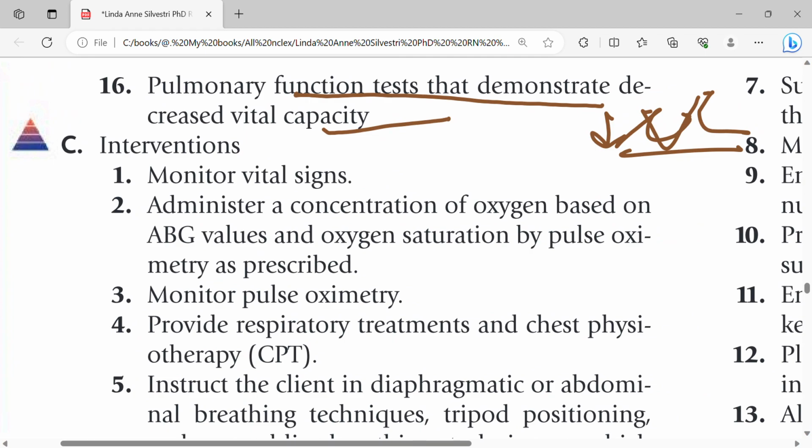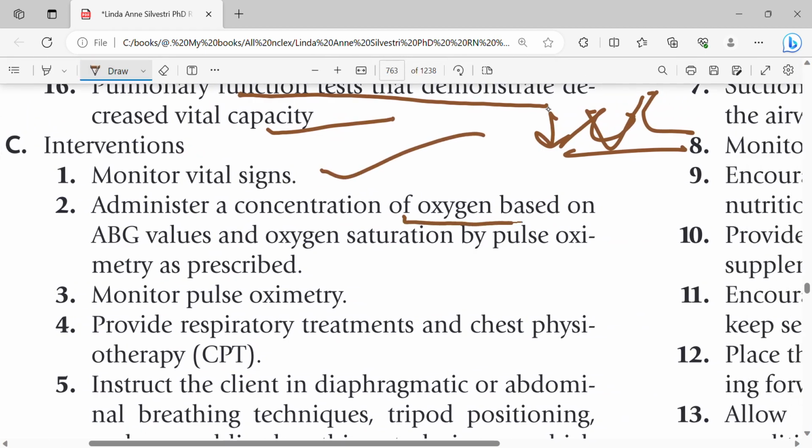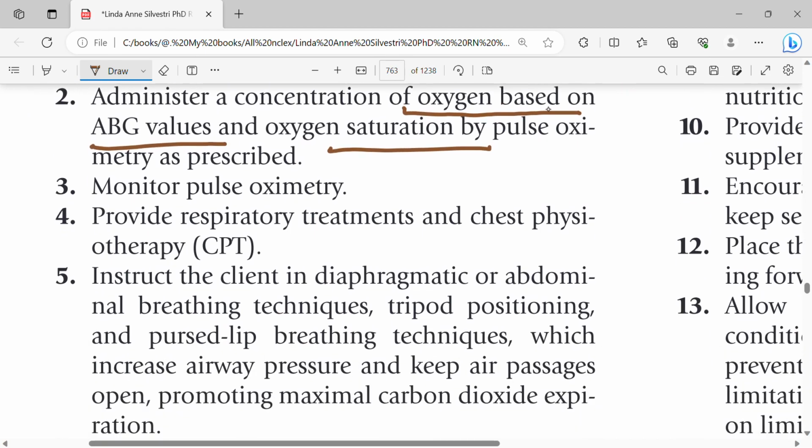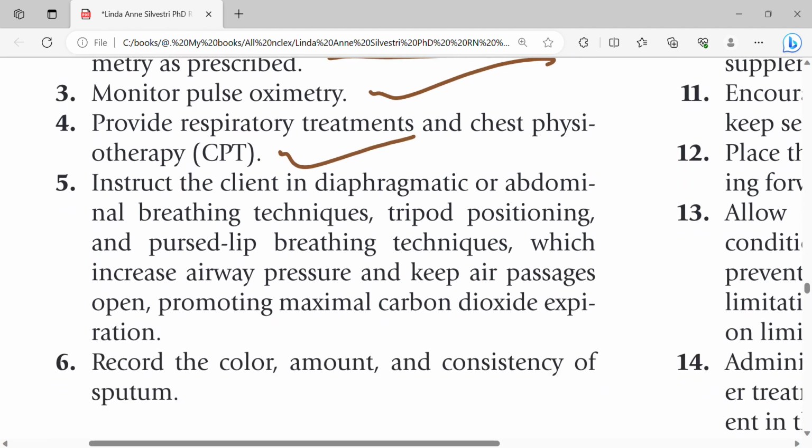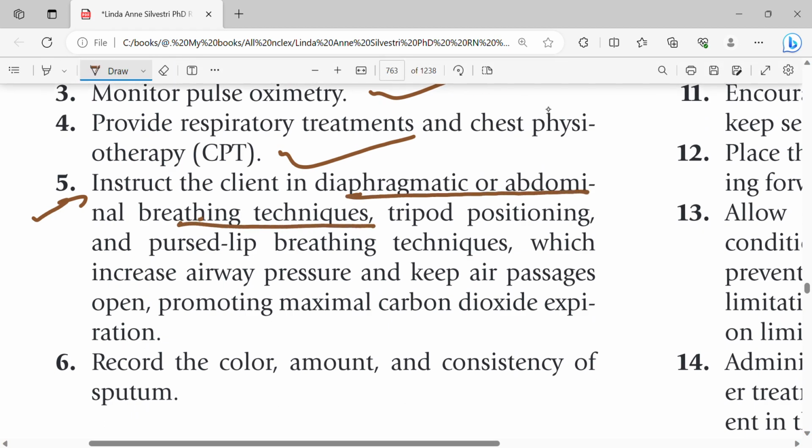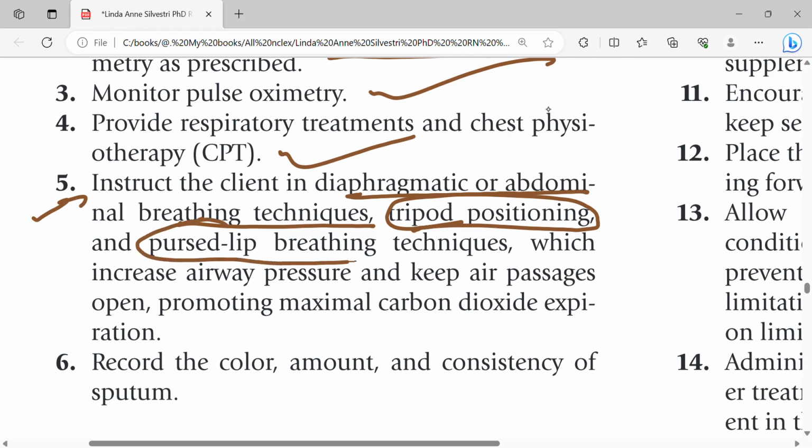So what are the interventions we can do? We can monitor the vital signs. We can administer oxygen based on the ABG values and oxygen saturation. Monitor the pulse oximetry. We can go for chest physiotherapy. Instruct the client in diaphragmatic and abdominal breathing techniques, tripod position, and pursed lip breathing. This is a very important thing.